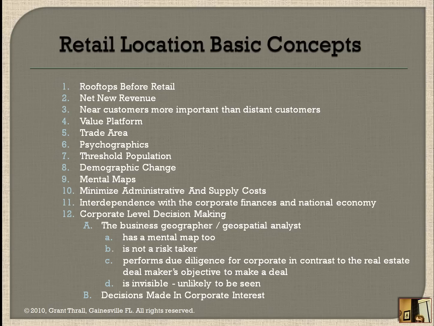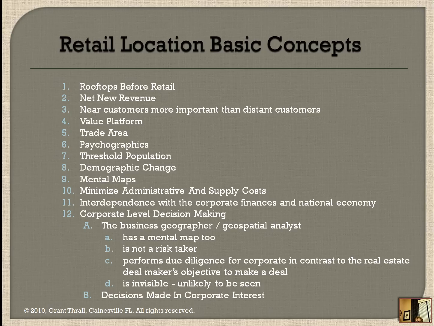Interdependence with corporate finances. We may see a multi-branch retailer close and people are amazed because, say, the restaurant was always packed. It doesn't just deal with the success of the single branch. It also is dependent upon the success of the whole operations of the corporation.